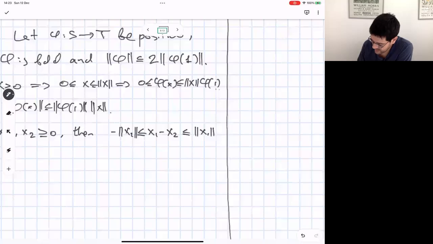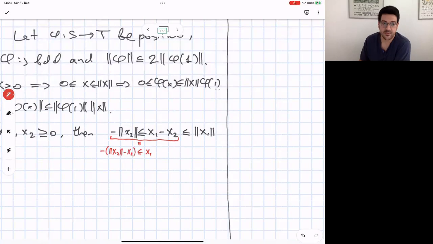Right, this is because this inequality is nothing but to say x1 is greater than minus the norm of x2 minus x2, which is obvious because x1 is positive, and in the left-hand side there's something that is negative.